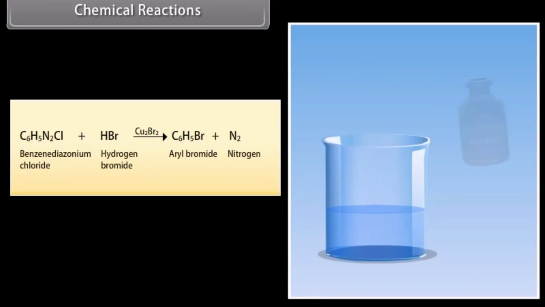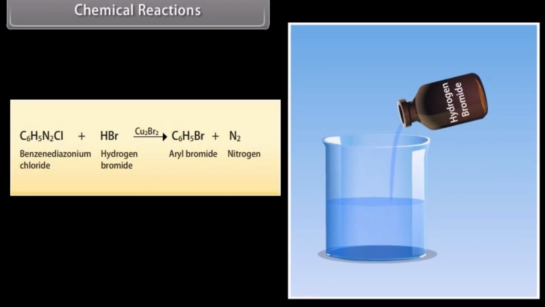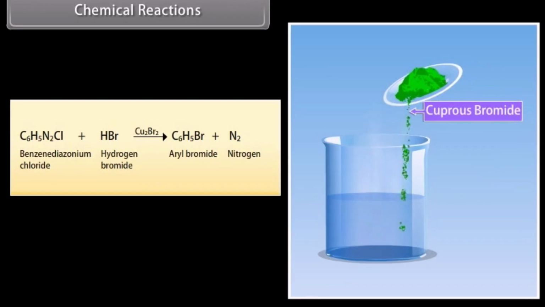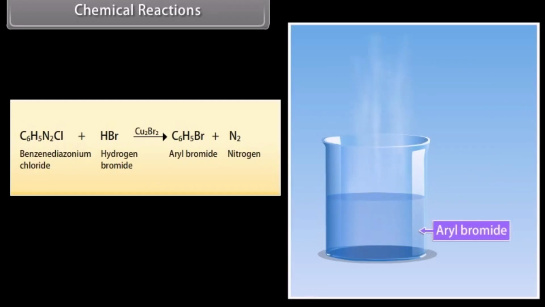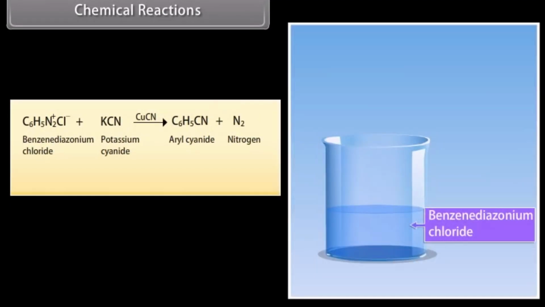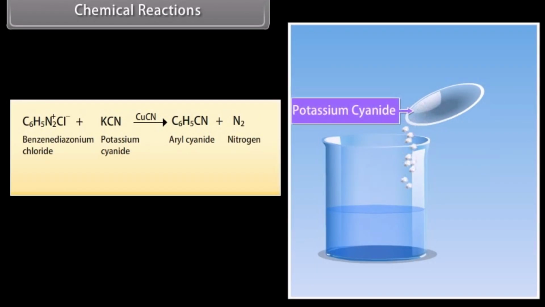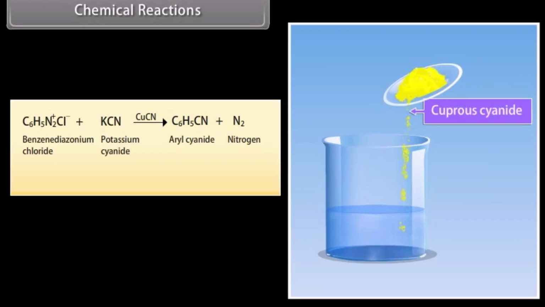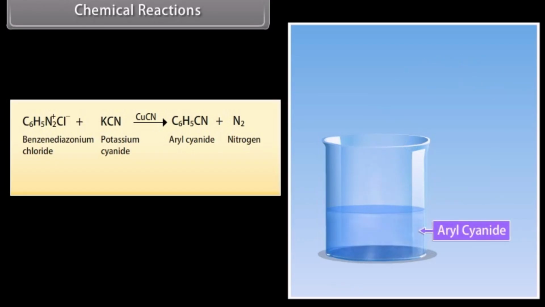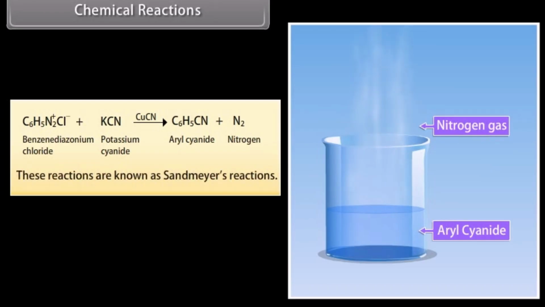Benzene diazonium chloride reacts with hydrogen bromide and cuprous bromide and yields aryl bromide and evolves nitrogen gas.